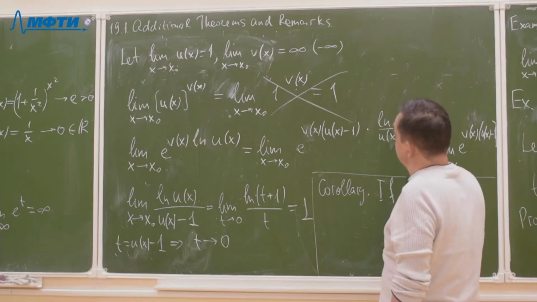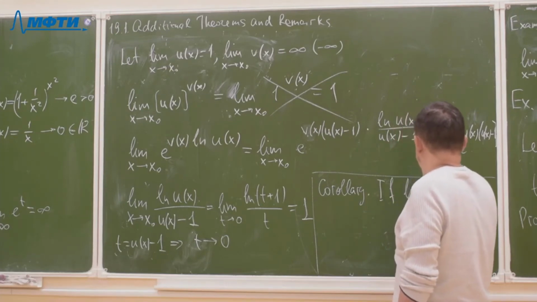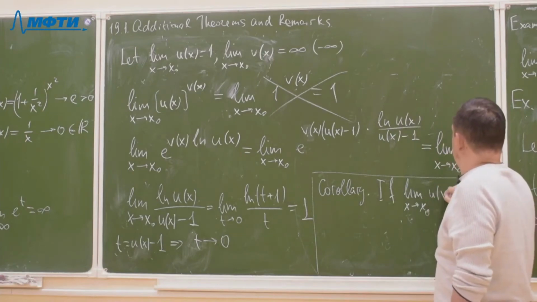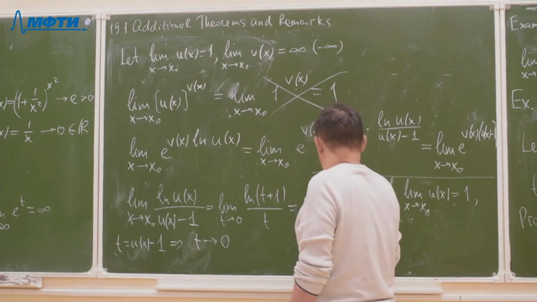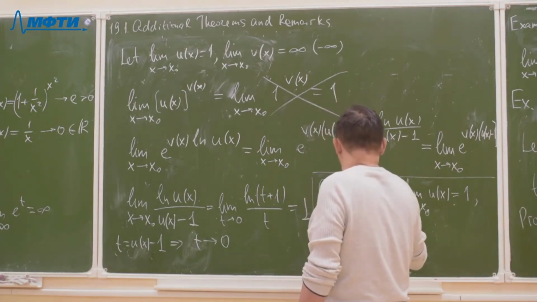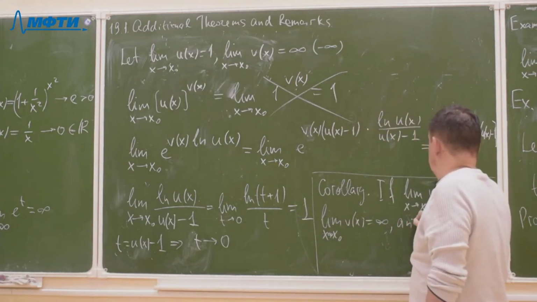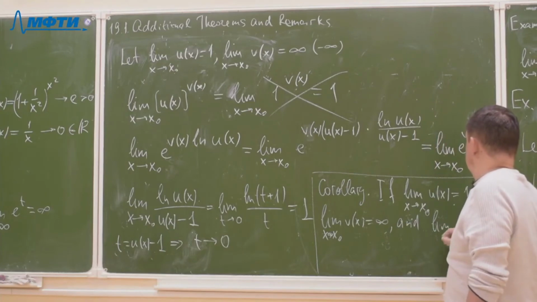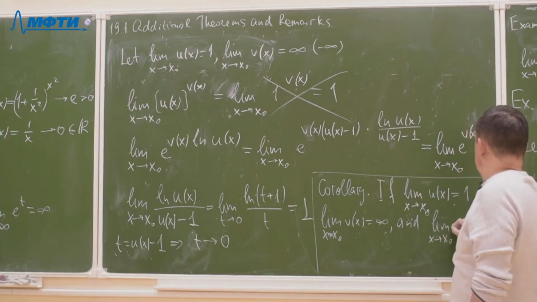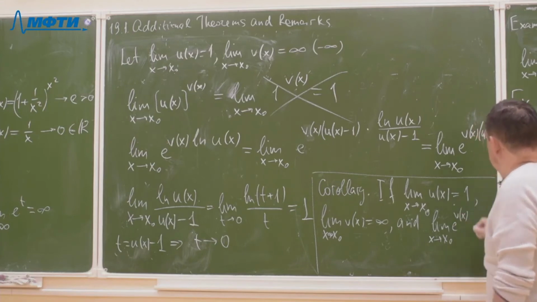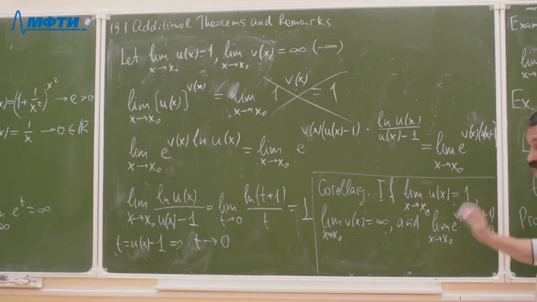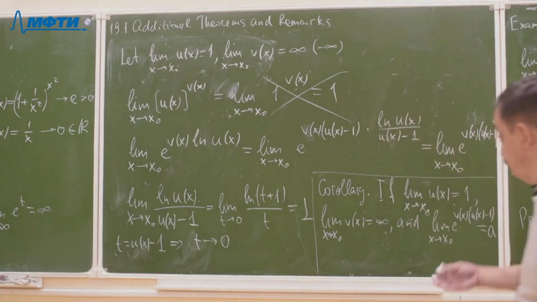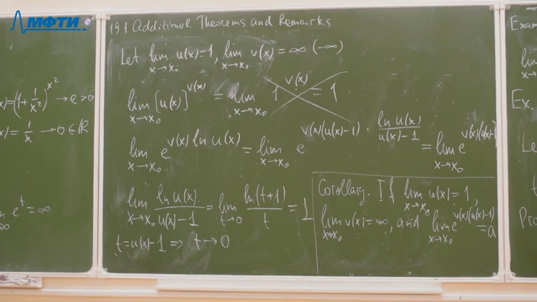If the limit as x tends to x naught of u of x equals 1, the limit as x tends to x naught of v of x equals infinity, and the limit as x tends to x naught of e to the power v of x times u of x minus 1 equals, let's say, a, and now a is not necessarily a real number, it may be plus or minus infinity, doesn't matter.